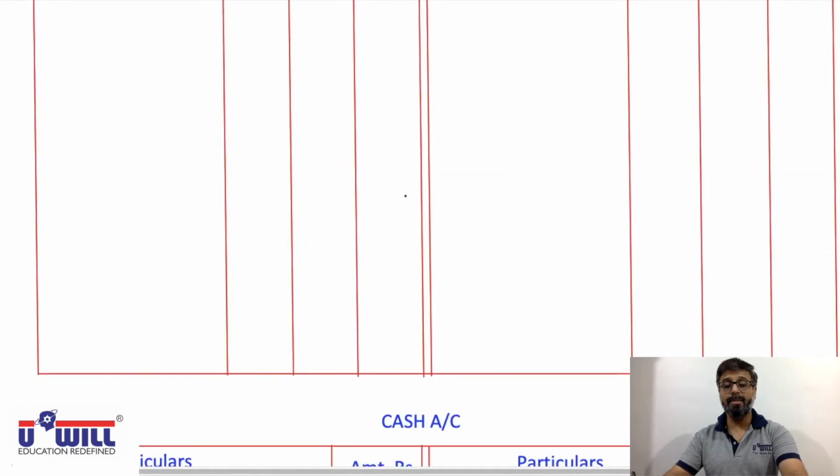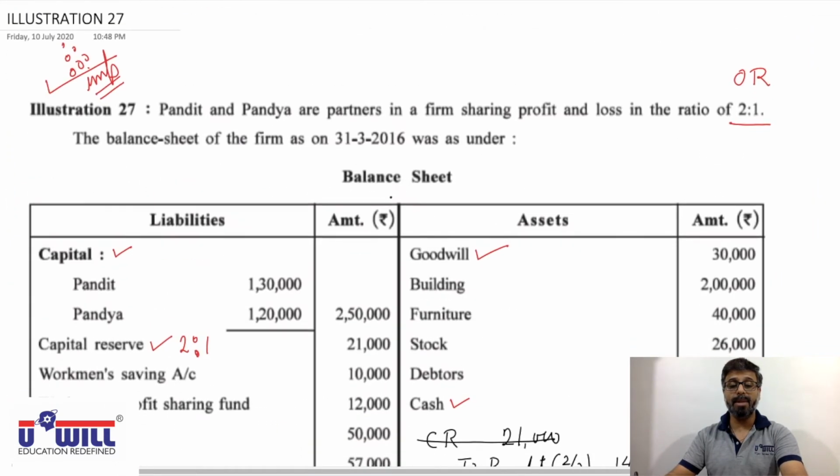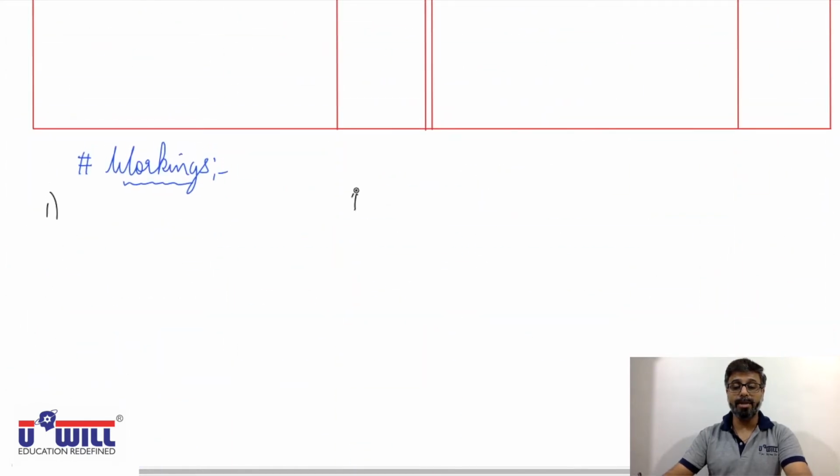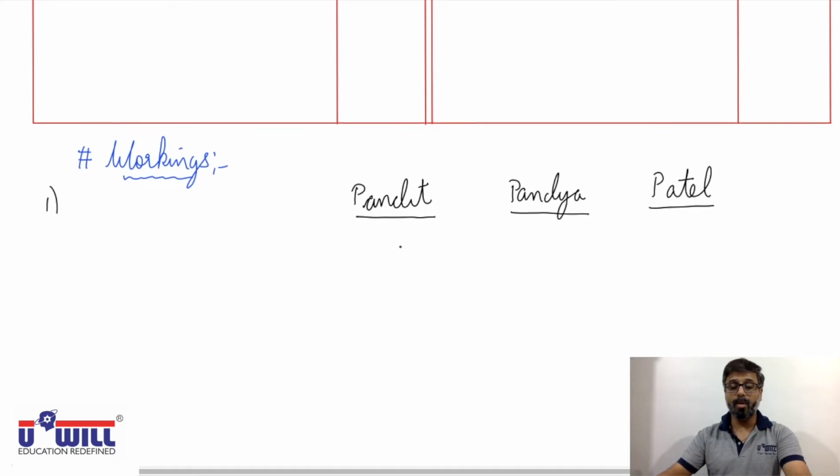First of all, write down the names of the partners: Pandit, Pandya and Patel. Now the old ratio is 2:1, so 2 by 3 and 1 by 3.